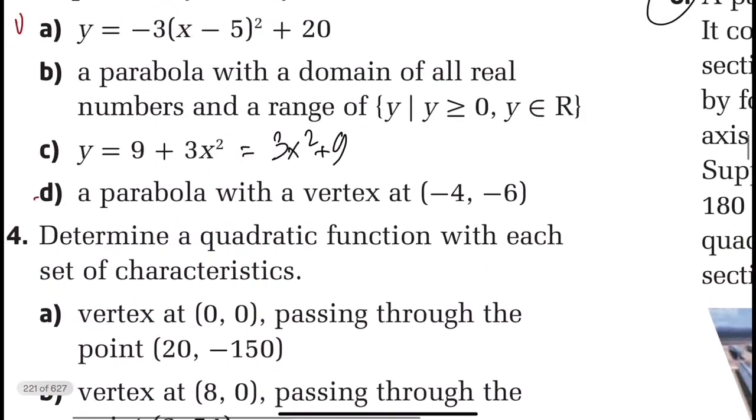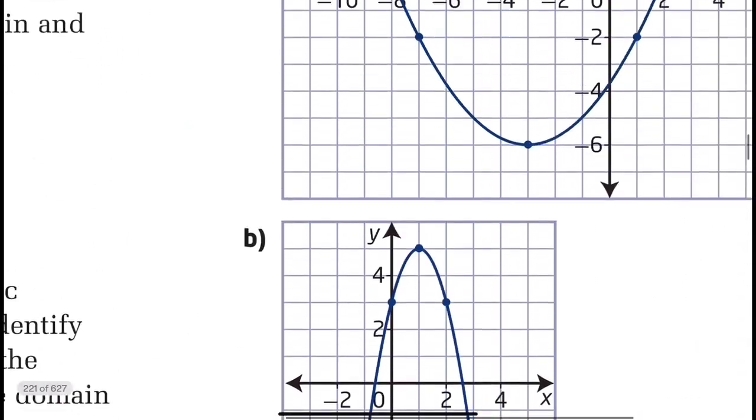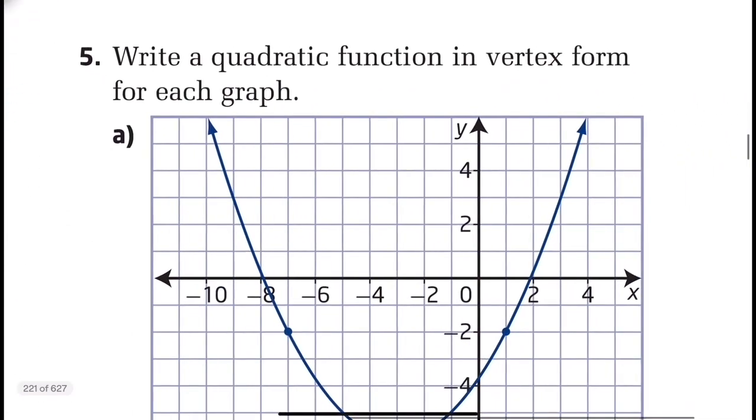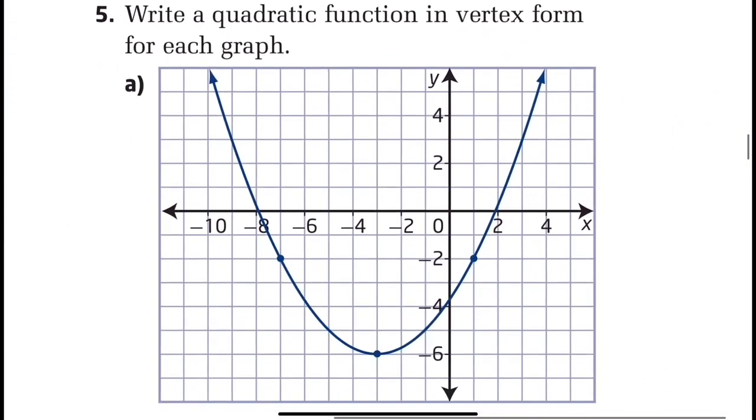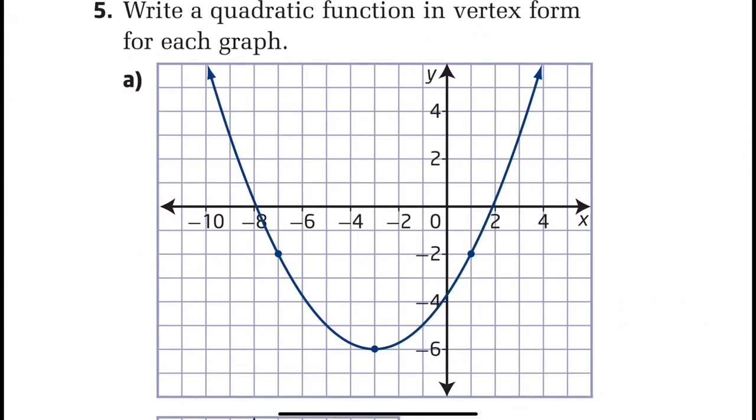So for question number 5, we write a quadratic function in vertex form. They need us to write y equals a times (x minus p) squared plus q. So this is the vertex form. To do that, we need our p, our q and our a.